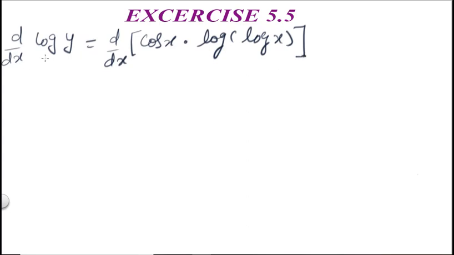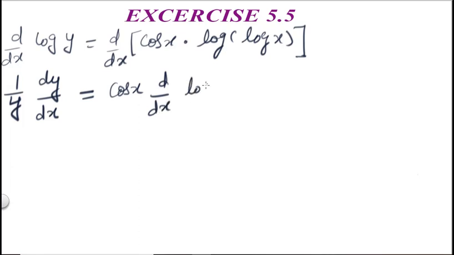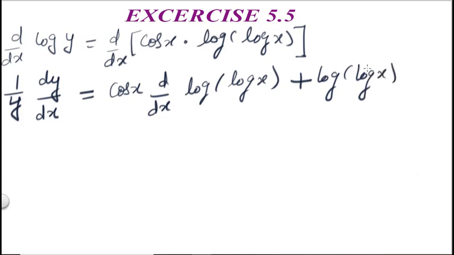Now let us differentiate. Log y differentiation will be 1 upon y dy by dx equals, now applying the product rule here, first function as it is, differentiation of log log x, the second function, that means u as it is, differentiation of v, plus second function as it is and differentiation of the first function, which is cos of x.